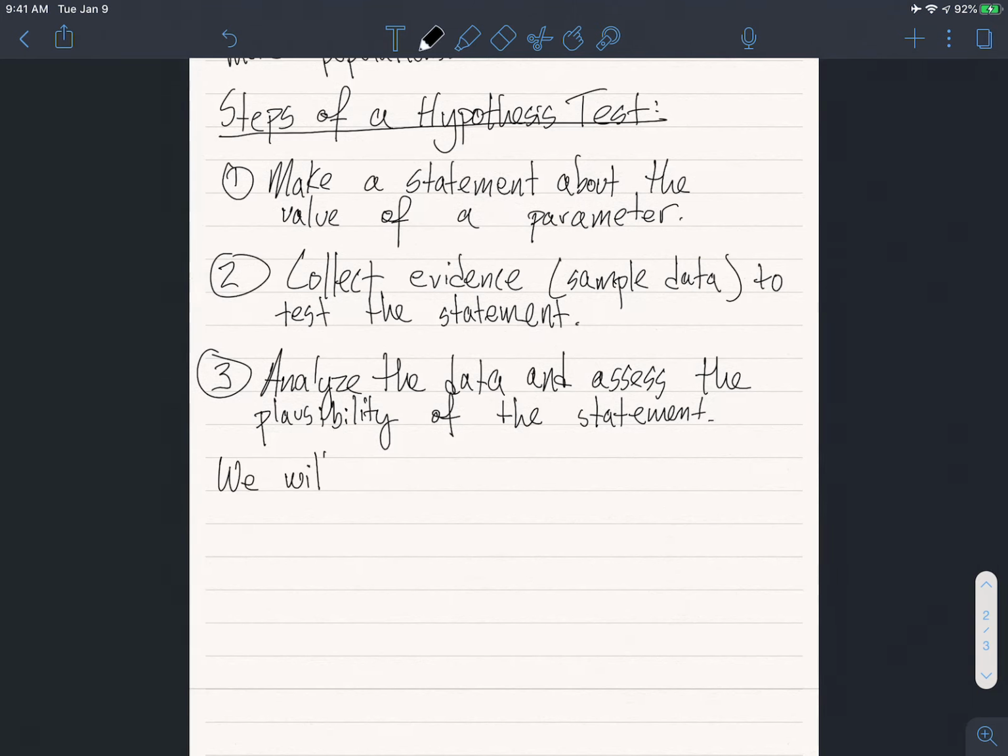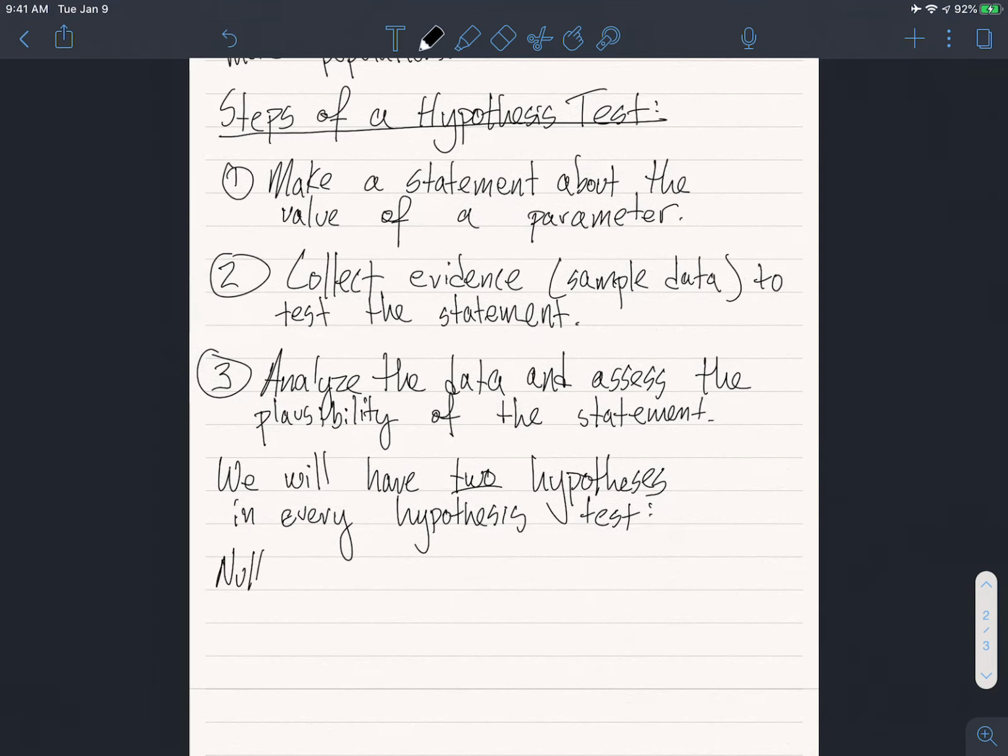We will have 2 hypotheses in every hypothesis test. The first one is the null hypothesis, which is denoted H0.